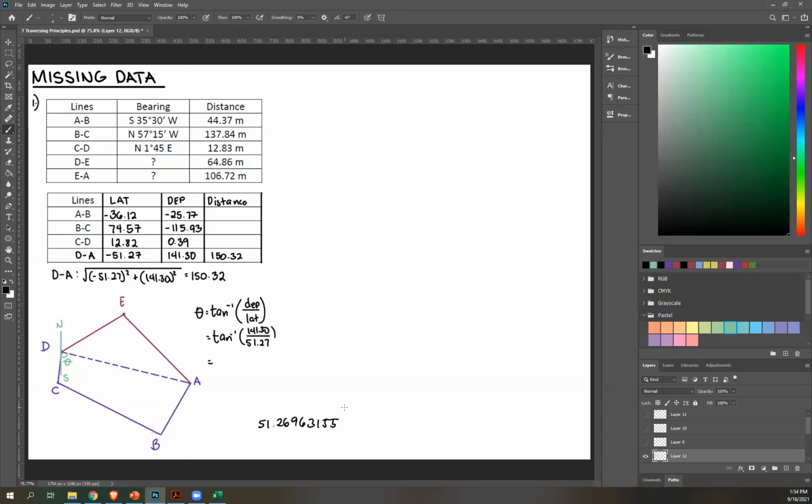That's all for latitude. Now let's get the departure. Just to recheck if this is in fact 32 or 31. Okay, then sine. Let's check for departure.